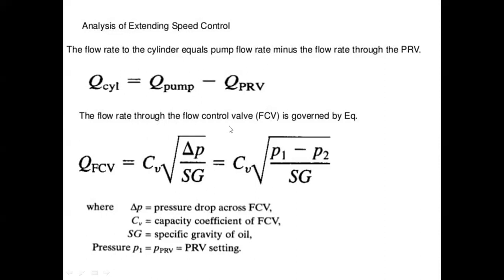The flow rate through the flow control valve FCV is governed by the equation Q_FCV equals CV times the square root of delta P upon SG, so Q_FCV equals CV root of (P1 minus P2) upon SG.